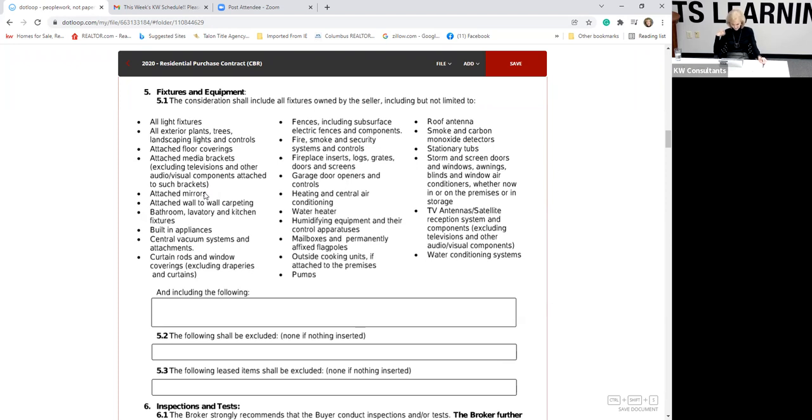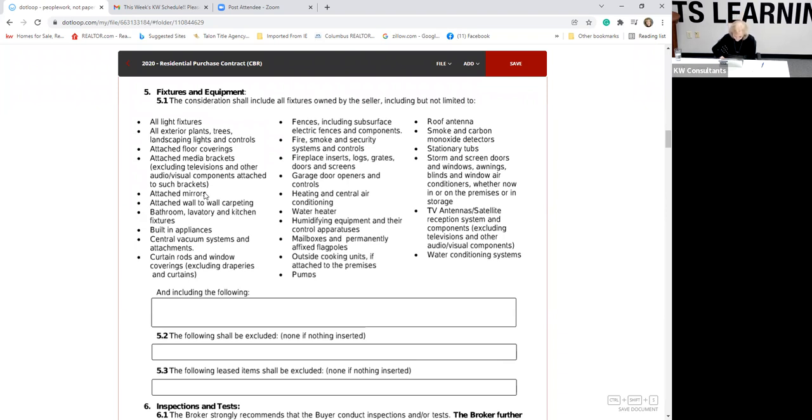I have. But sometimes you might go into a bathroom and you just think it's the bathroom mirror. You don't realize that it's hanging on a hanger. And so when the sellers leave, they can take it with them. So it says attached mirror. So hopefully the sellers will do that.